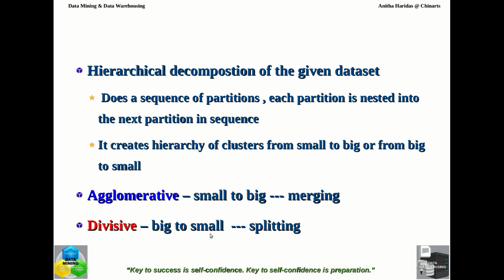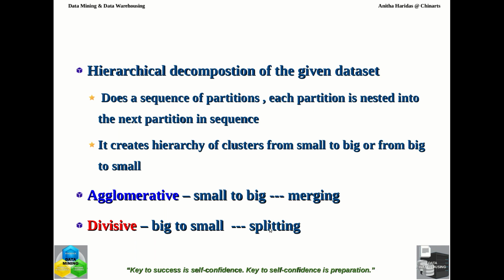Or if you have each item separately and then you start grouping them together, then it becomes small to big, right? If it is small to big, we will be doing the merging process, whereas if it is big to small, we will be doing the splitting process, correct?